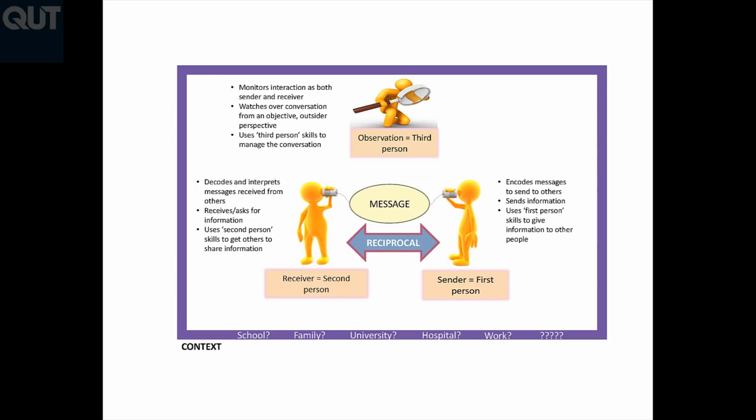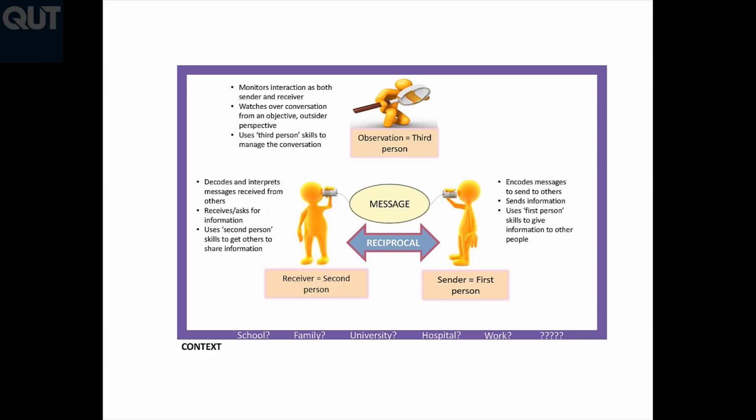Now, it's also important to consider that your communication will take place within a context, and that context can greatly change the meaning or the understanding that applies to a certain message. Context means the environment or the setting that your communication is taking place in. This can be your home, your workplace, your school, or your university, or it can be somewhere else.